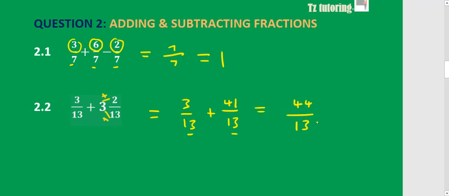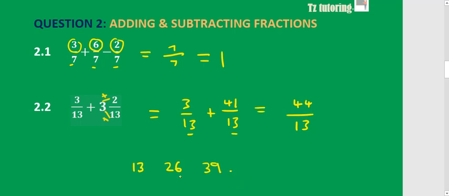Of course, we cannot leave our answer as an improper fraction. We need to convert it into a mixed fraction. So how many times could 13 go into 44? Let's check. The multiples of 13: 13, add another 13, you get 26, add another 13 to 26, you get 39. You cannot add further because that will take you past 44.